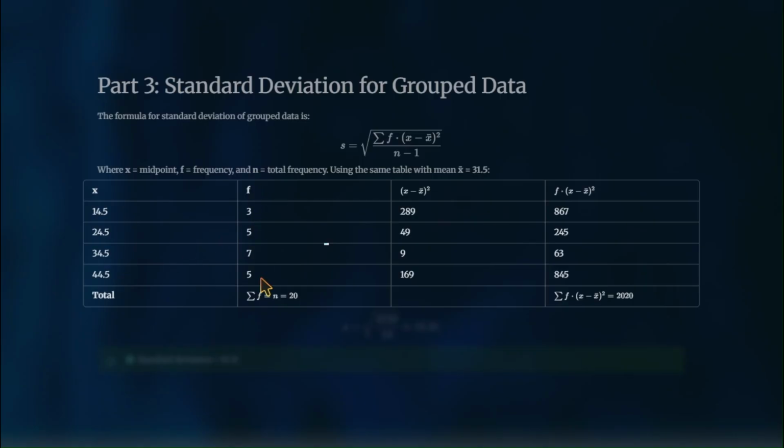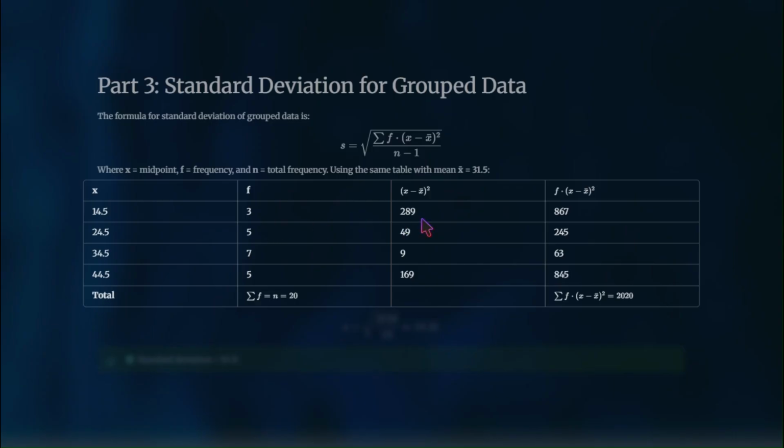The frequency doesn't change. Now we will calculate for each x value the deviation from the mean squared. So we'll do 14.5 minus our mean of 31.5 squared. And then we'll do that for each of the classes for each midpoint. Once we find the deviation from the mean squared, we can multiply the frequency by the deviation from the mean squared.